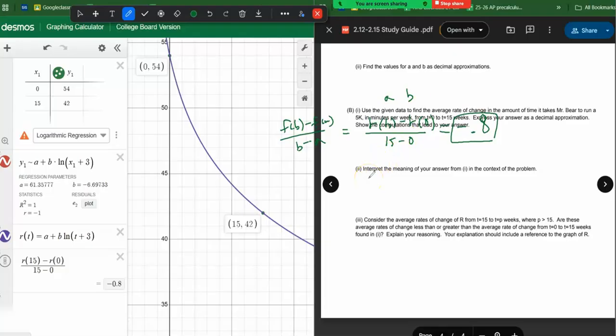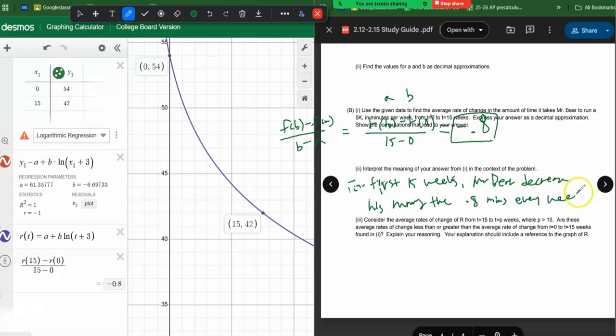I'm going to say that means for the first 15 weeks, Mr. Bear decreased his running time 0.8 minutes every week. Sorry.